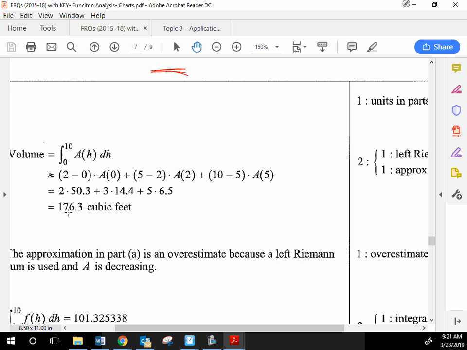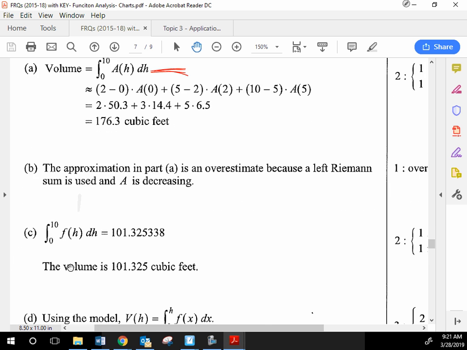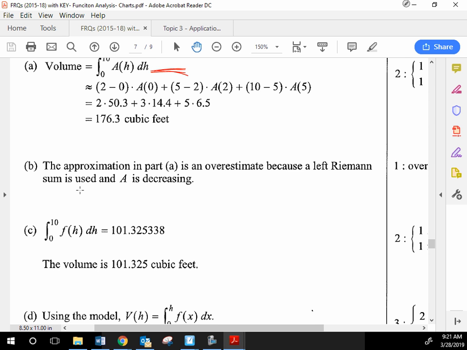Yes. For B, you can't use the second derivative, right? You have to just figure out the left sum. Yeah, because we don't have any information about our second derivative. There's no function for us to take the derivative of to know whether it's concave up or concave down. So we just operate upon the fact that it's decreasing, so it's going to be going down.